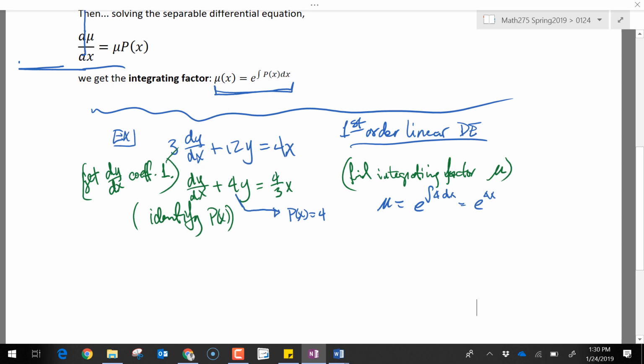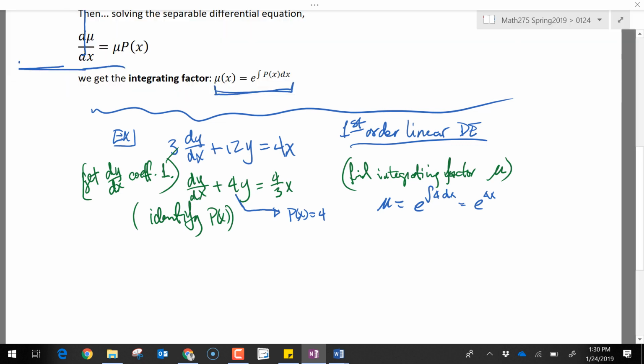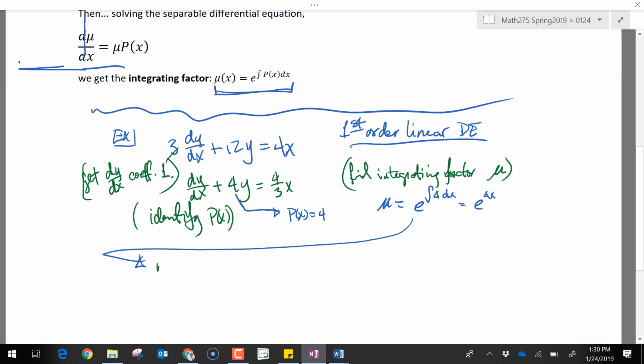The integrating factor is what you're going to multiply the differential equation by, so that the left-hand side becomes a product rule. So our next step is to multiply the differential equation by the integrating factor.